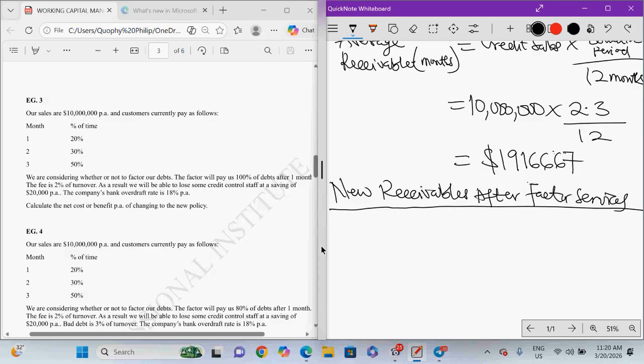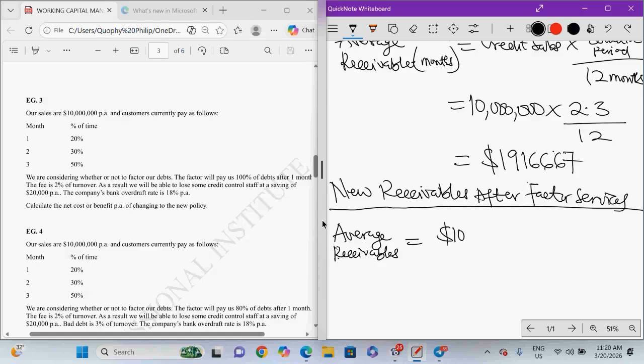After we hire the factor, what is our receivables? We said the factor will pay us 100% of our debt after 1 month, right? So after 1 month, the average receivables will be what? With the credit sales.